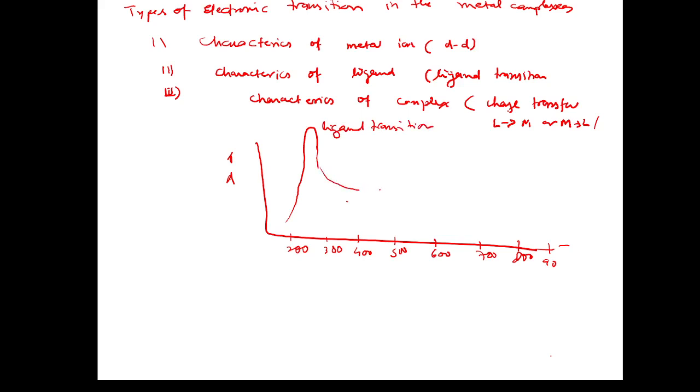Then we have something broad, which is charge transfer, and finally a small and broad kind of dd transition. So we can see that epsilon is highest for ligand transition, then charge transfer, then dd transition. So we can draw the characteristics of the electronic transition.